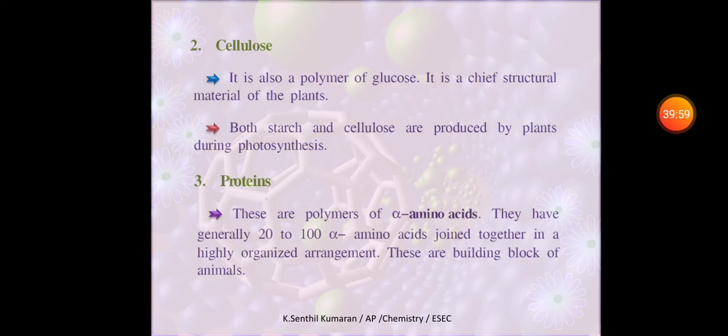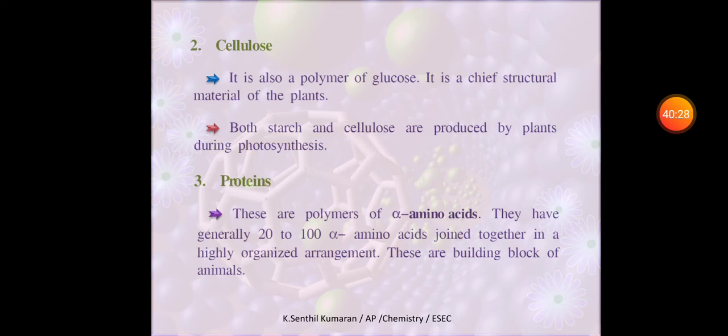These are the polymers of alpha amino acids. Alpha amino acid means an amine and a carboxylic acid connected together to form the amino acids. They generally have 20 to 100 alpha amino acids joined together to form a highly organized arrangement. These are the building blocks of animal proteins.